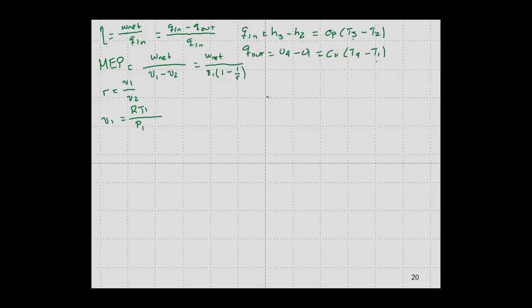We know T3 and T1, so we can start by computing using our isentropic relations in process 1 to 2, which is our isentropic compression. We have T1 over T2 equal to V2 over V1.